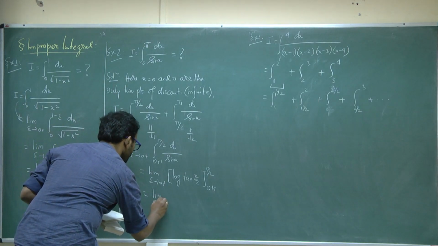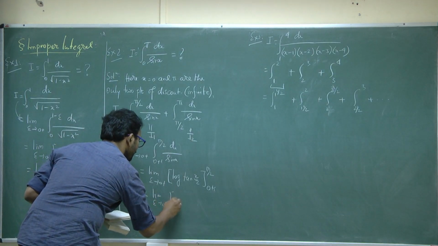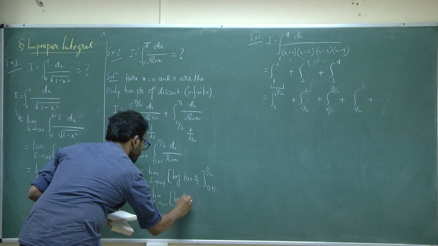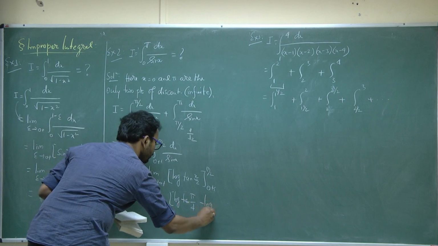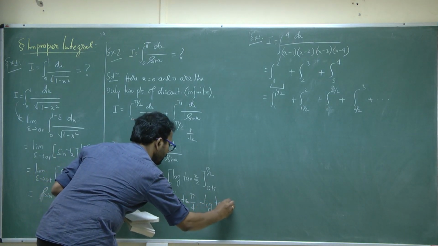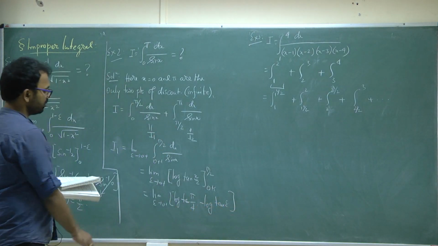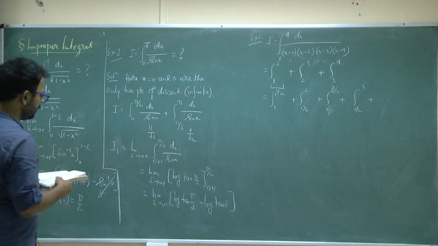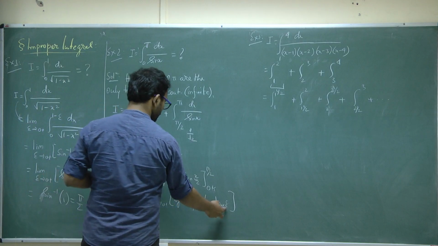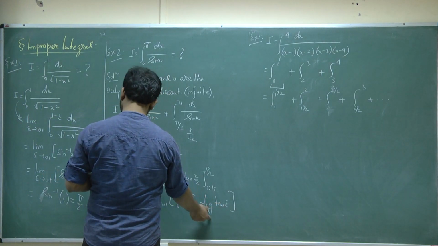Limit epsilon goes to 0 positive, we will have log of tan pi by 4 minus log of tan epsilon by 2. So when epsilon goes to 0, this tan of epsilon will go to 0.